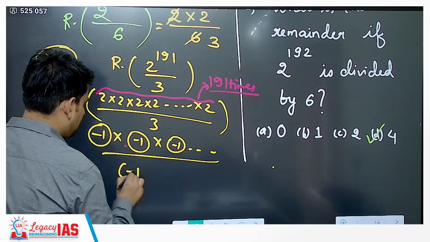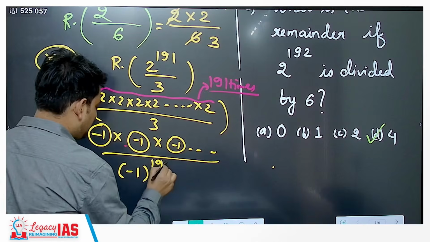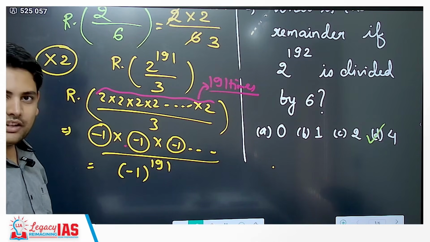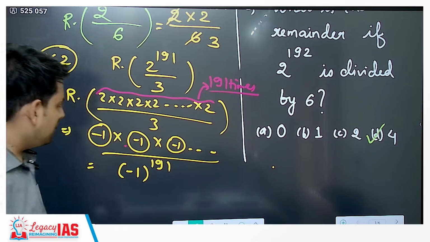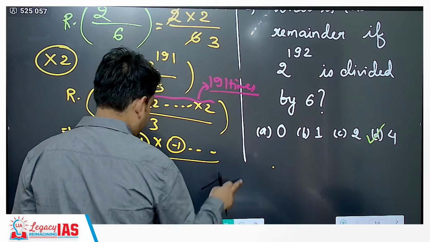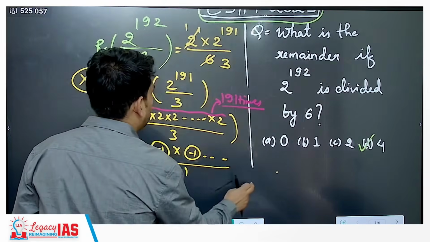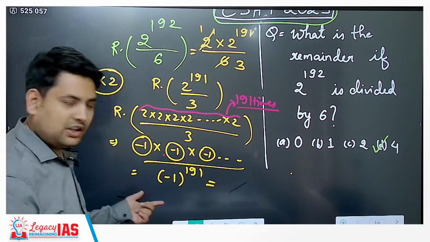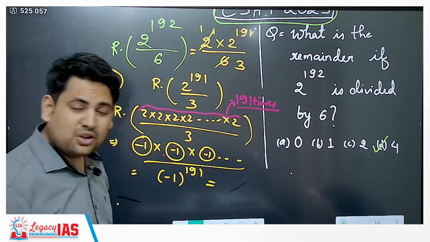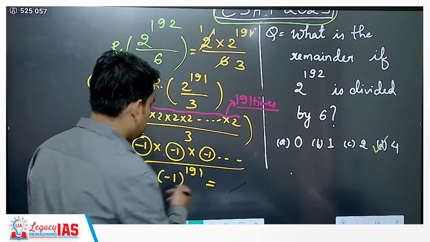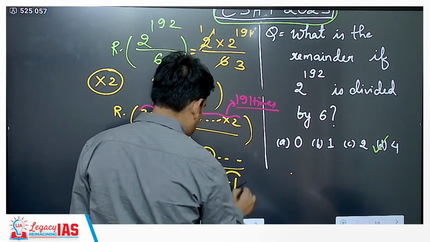So eventually you will get minus 1 power 191. Once you get to this minus 1 power 191, because this is odd, in odd powers what happens? It will become minus only. So this becomes minus 1.